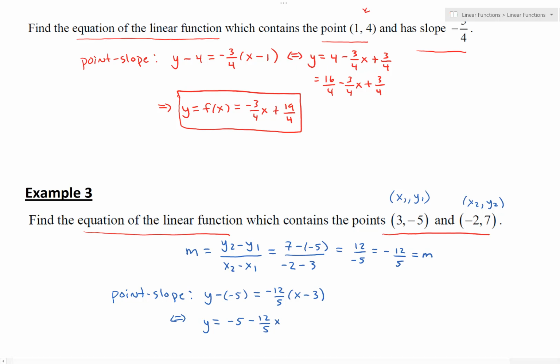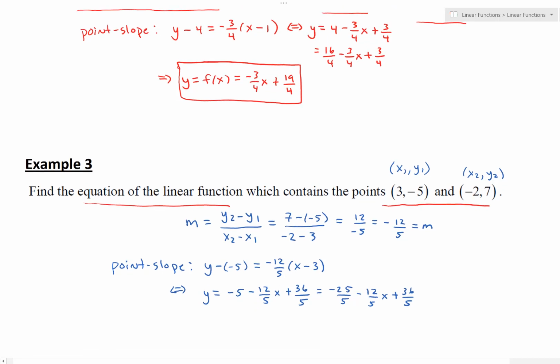And then negative 12/5 times a negative 3 is a positive 36/5. Yeah? And then we'll collect the constants together. Negative 5 is the same as negative 25 over 5, common denominator here, minus the 12 over 5 times x, and then plus the 36 over 5.